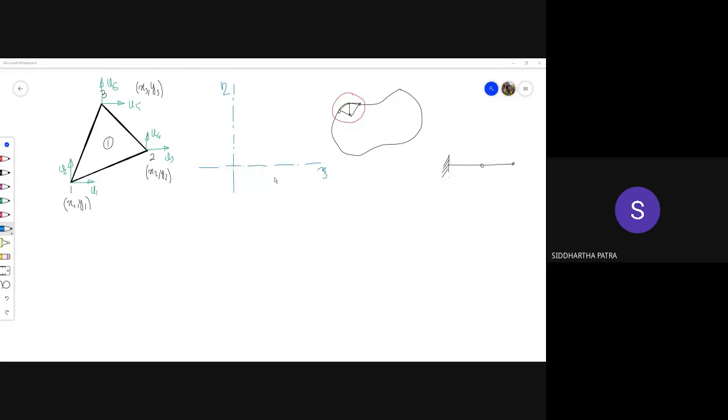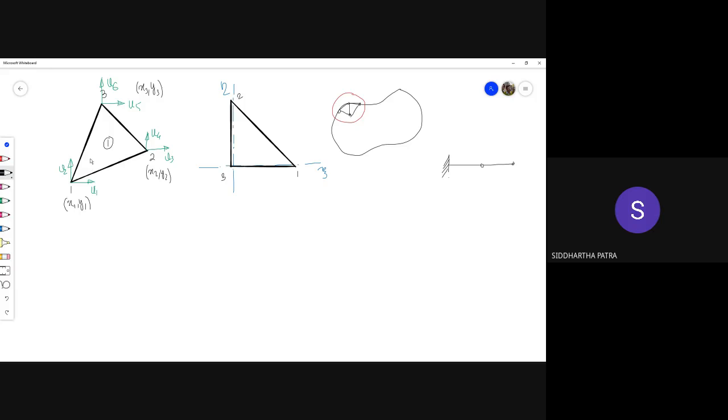And this is what our ideal triangle looks like in natural coordinates. So it's a right angle triangle, and these are its nodes 1, 2, and 3.